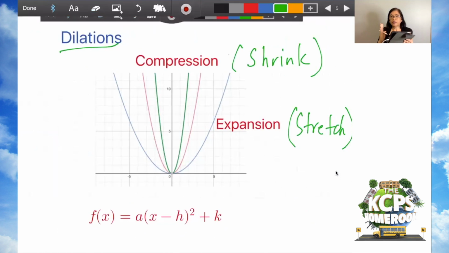That means the graph widens, or it moves away from the y-axis. Which of these parameters will affect the dilation? Which value will change the graph, to expand or shrink it?